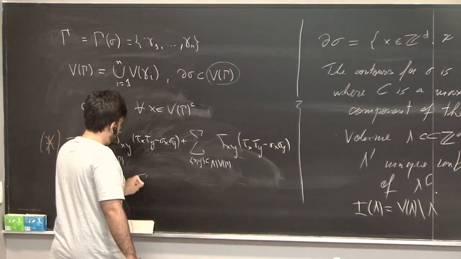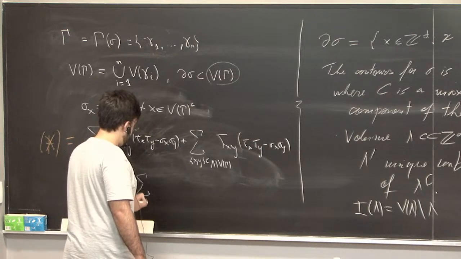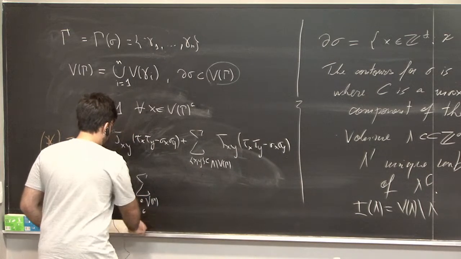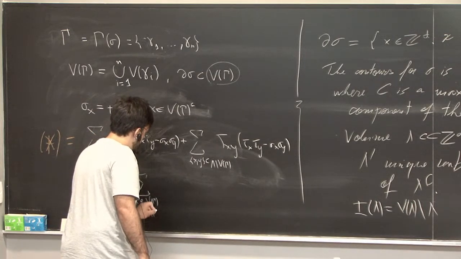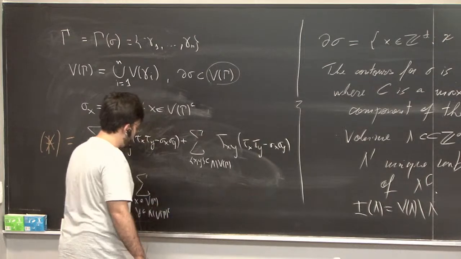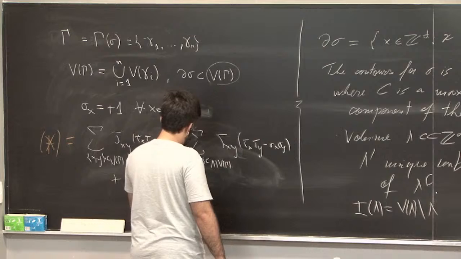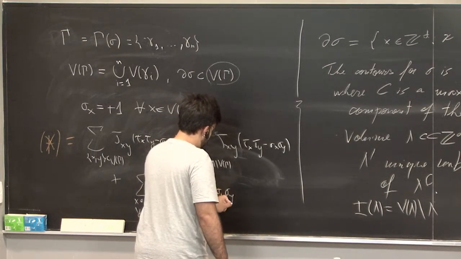Plus the case where I have one point inside V gamma, and another point in the complement, lambda minus V gamma, of tau x tau y minus sigma x sigma y.